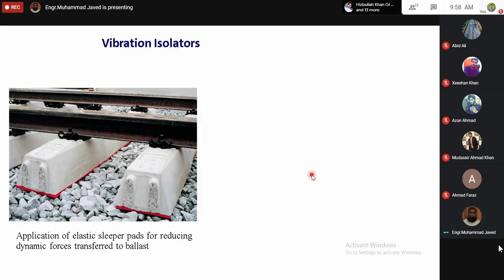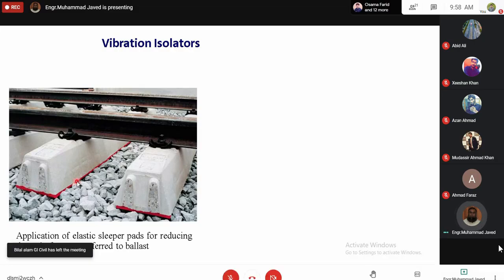Similarly, here an example in a field is shown, and probably this is, you can see this red rubber layer which is provided below the sleepers, which is supporting the rail track, and probably this is installed in Germany.